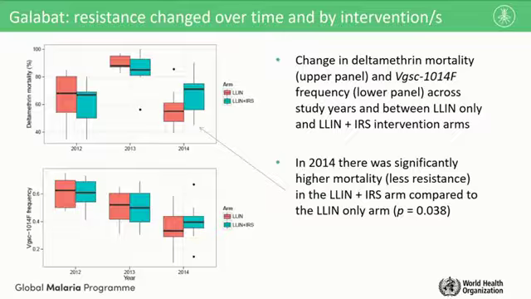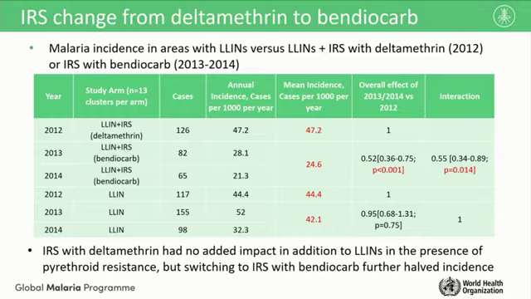You can see no significant difference when they were using deltamethrin as IRS. This is the first year post bendiocarb, and this is the second. What we may be seeing is a significant retardation in the evolution of insecticide resistance when you're using a second active ingredient for which there's no resistance. These populations are fully susceptible to bendiocarb. So quite a positive message there.